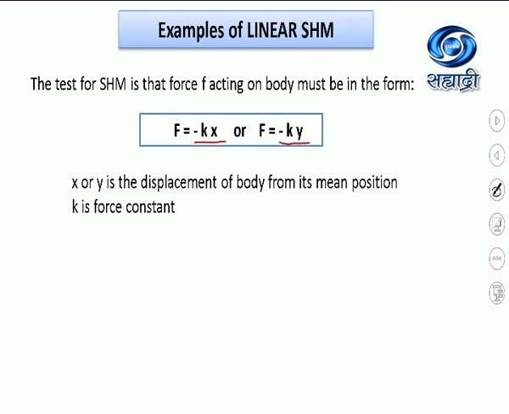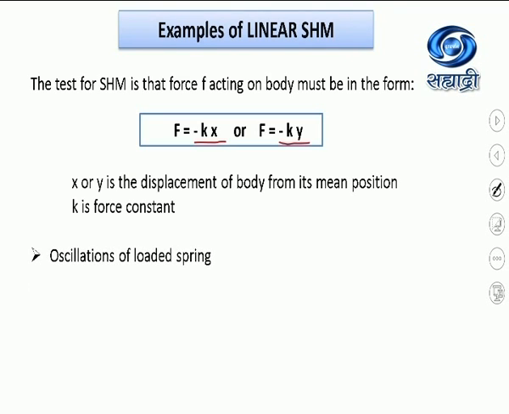Again, this detailed study of F is equal to minus Kx will be done in the next session. Till that time, we have to keep in mind that for linear SHM, the restoring force acting on the body must be expressed as either minus Kx or minus Ky.